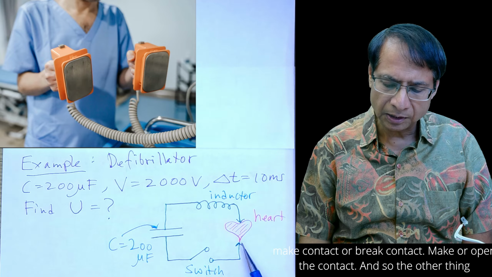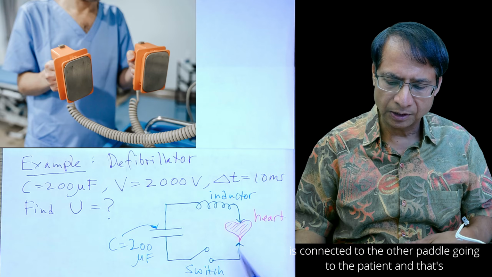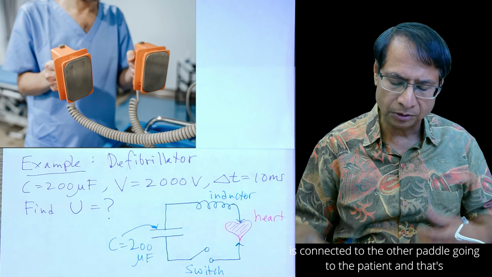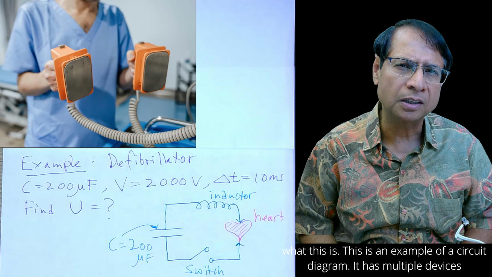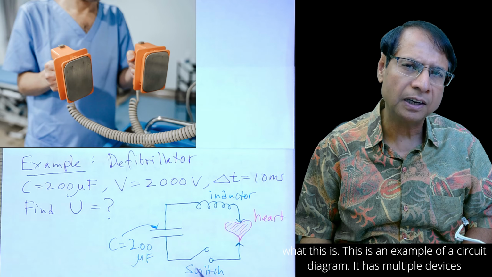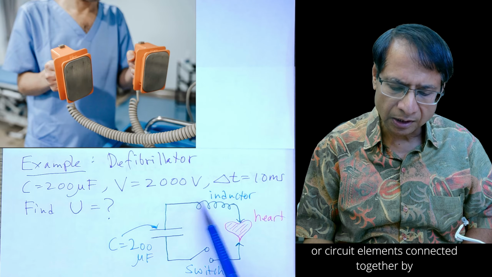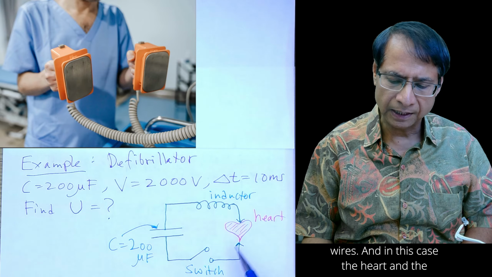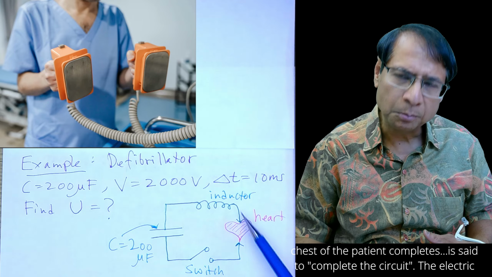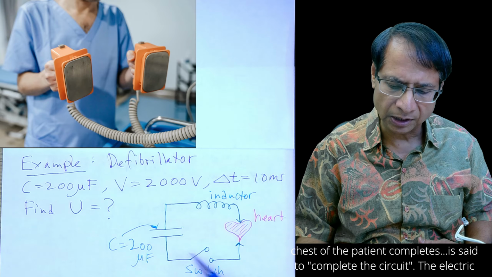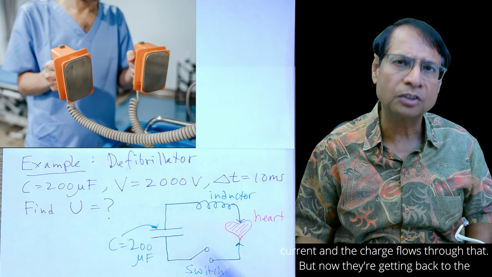And so the other thing is connected to the other paddle going to the patient. This is an example of a circuit diagram. It has multiple devices or circuit elements connected together by wires. And in this case, the heart and the chest of the patient complete the circuit. The electric current, the charge, flows through that.